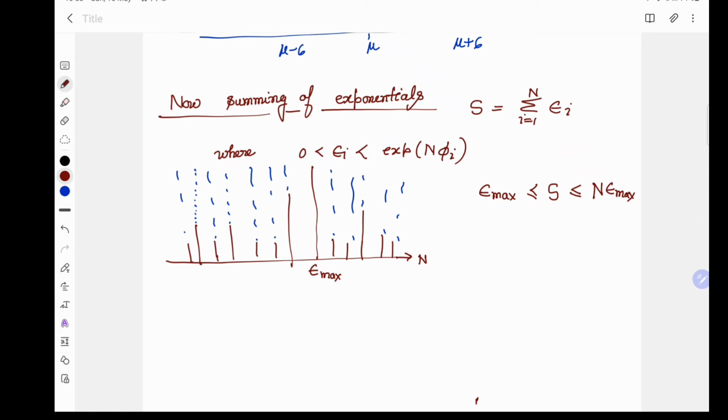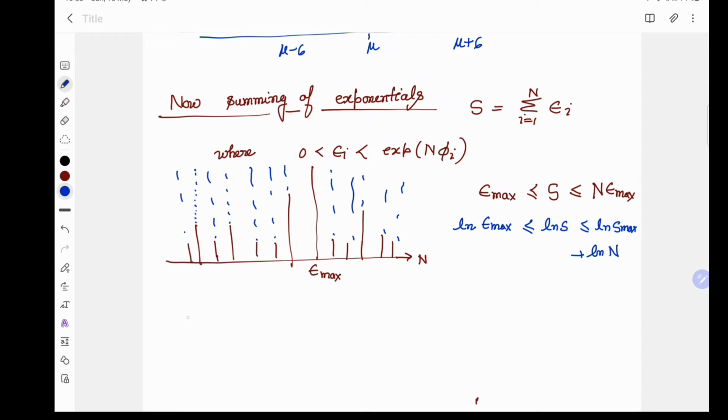Now let us take the logarithm on both sides. Log of epsilon max over n. Let us first do the log and then we will divide by log of s max plus log of n.